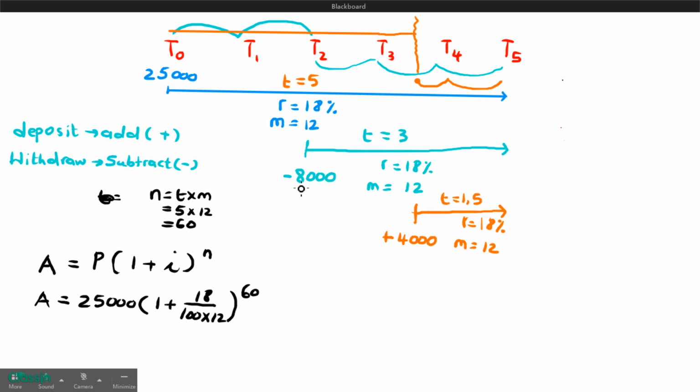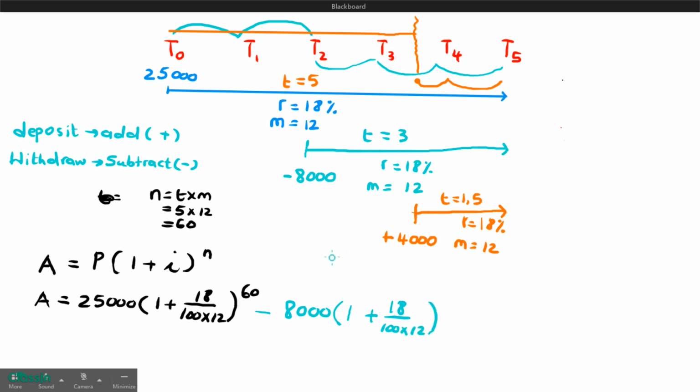Now we go to the other one. We said when you withdraw, you subtract. Then it means that because we are subtracting, we will say negative. How much are you subtracting? 8,000. Again, this 8,000, you have 1 plus, but it's still what? The rate 18 over 100 multiplied by 12.